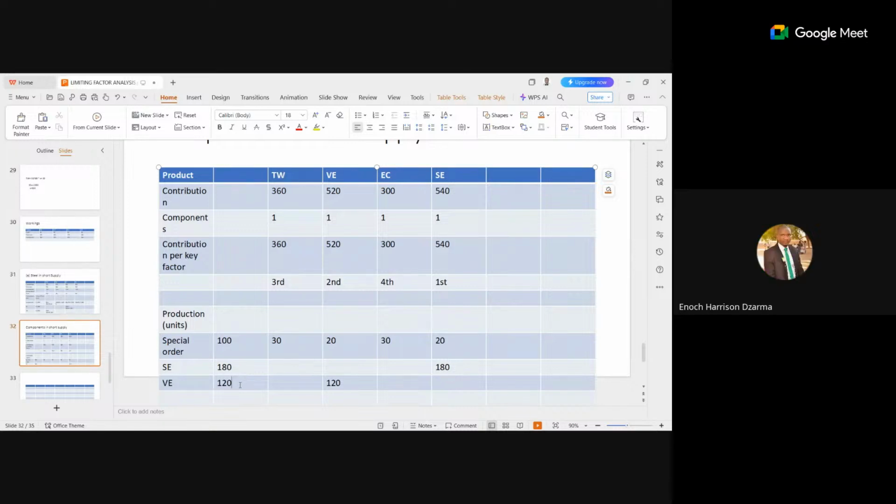So this 120 is what you can use to produce VE, even though you have more demand above 120. How many units of VE can you produce? 120.